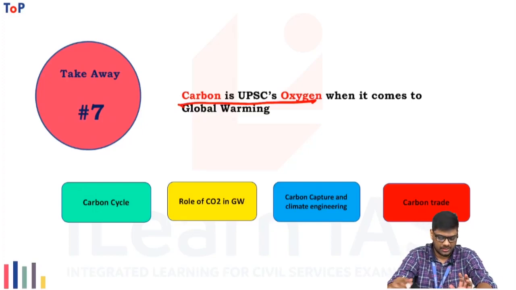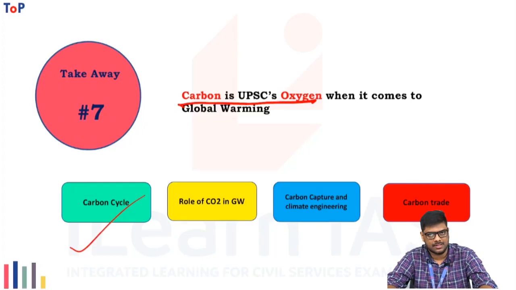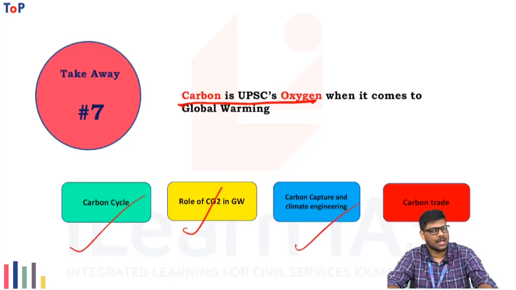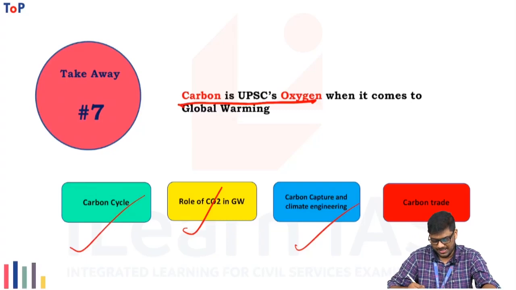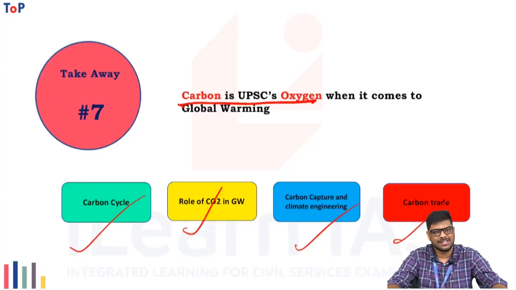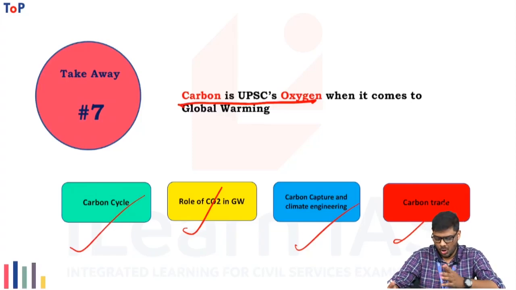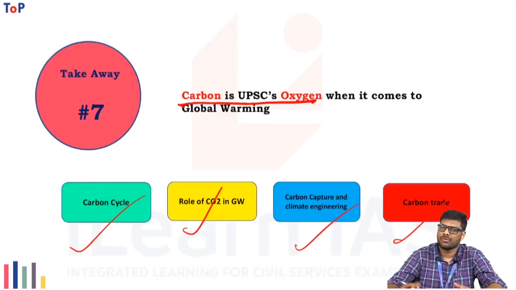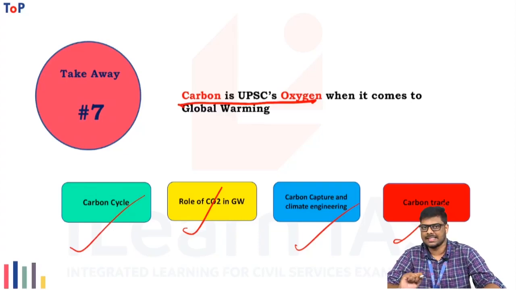Literally every year, you can expect a question from the carbon cycle or something similar, or the role of carbon dioxide in global warming, or a question regarding carbon capture, climate engineering, or carbon trade. Carbon trade, carbon capture, sequestration cycle, the role of carbon dioxide: these concepts can be asked in one year or another. This is a general pattern.